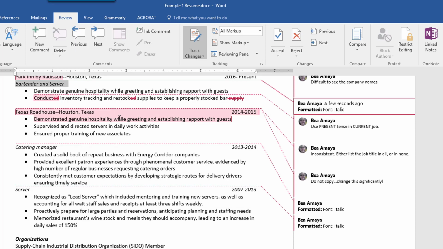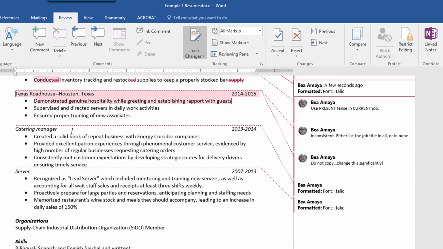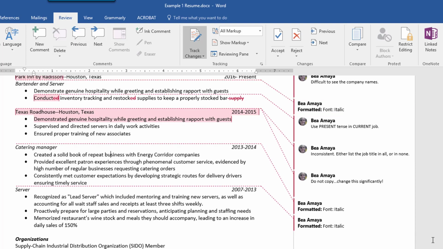I want to give him a hint that it would be nice if I, as the reader, could look down the list and find all the roles he has worked in by seeing that they're italicized and they stand out. Okay, so created a solid book of repeat business with energy corridor companies. That's fine.